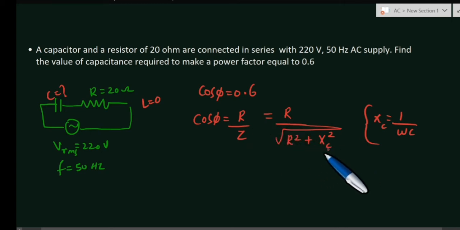We need to solve it for XC. I'm going to cross multiply it, so square root of R square plus XC square is equal to R divided by cos phi.